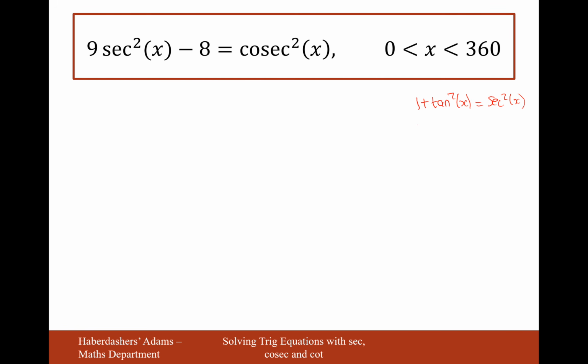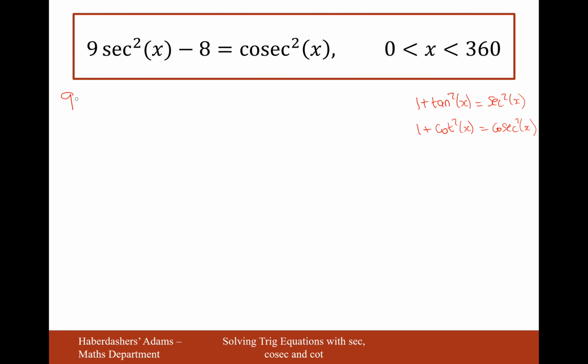And for the cosec one, it's 1 plus cot squared that equals cosec squared. So then actually, if we change this into tan, cosec squared into cot, then everything's in terms of a tan in this question.